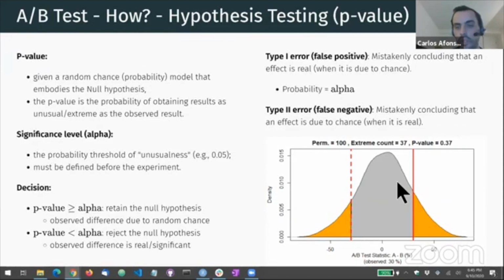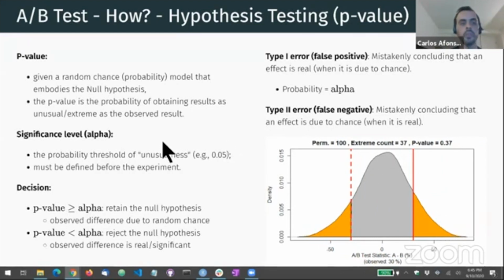So the p-value is this area here in orange that represents the values that are as extreme or more extreme than the observed difference for that representation of the null hypothesis, for this distribution, this probability model that represents the null hypothesis. Okay. Now the question becomes, how do we find this null model? And we're going to see that we can use a permutation test to find this distribution, this null model.